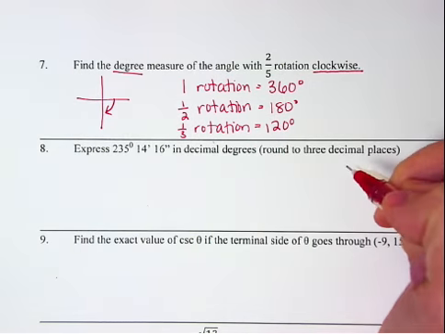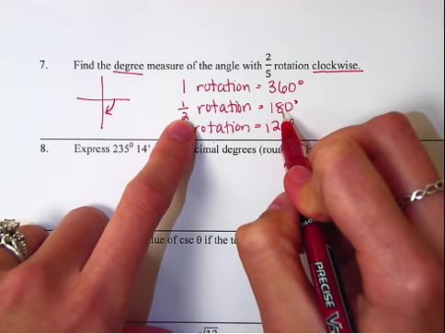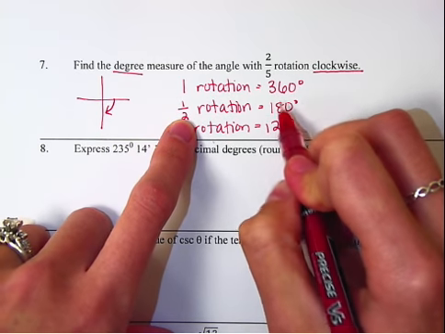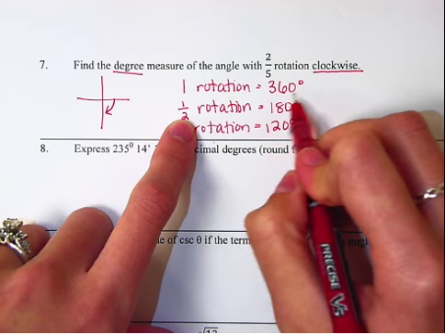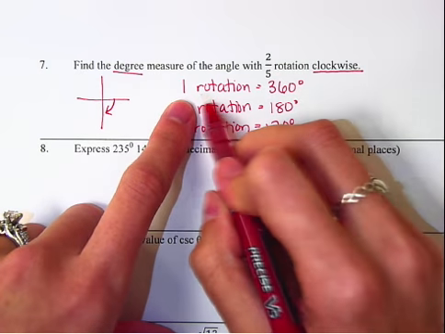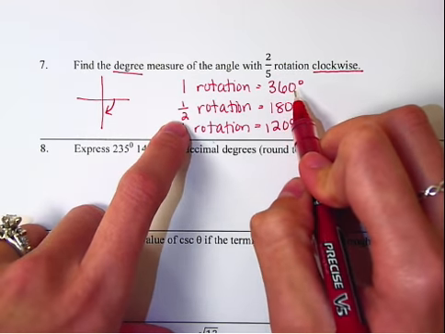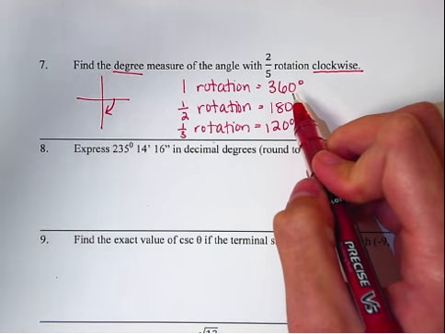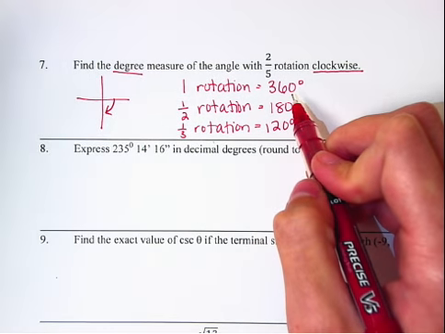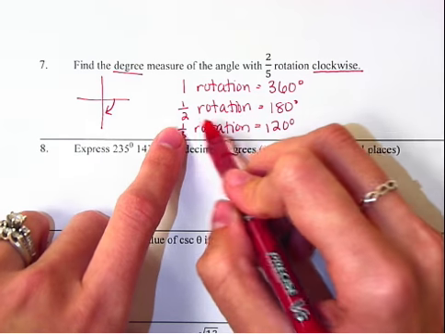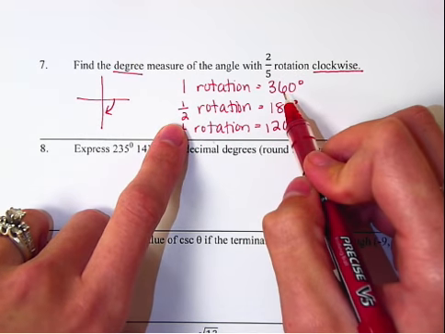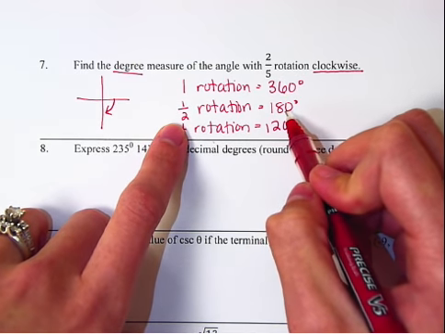How am I getting this? Well, if I take these two numbers, and with respect to a full rotation of 360, how do you get from 1 and 360 to 360? Well, the only way that it would stay as 360 is if you multiply or divide. How do you get from a half and a rotation of 360 to get to 180?